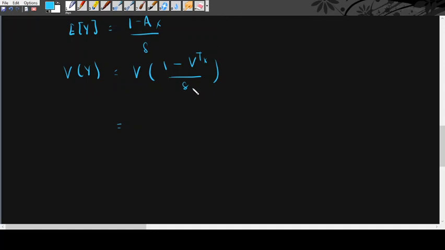For the constant times v^Tx, you are going to get 1 over delta squared times the variance of v^Tx. The variance of v^Tx we have known in the previous video, from the insurance part, which is 2A bar x minus A bar x squared, over delta squared.